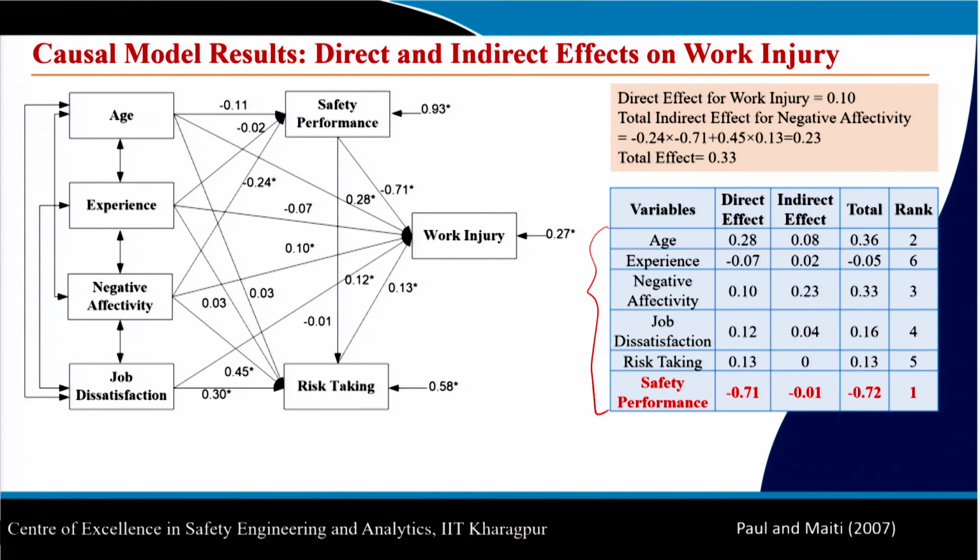If I cannot go for safety related interventions with reference to all the variables, can we find out where we should concentrate first, where second and where third? That can be done through direct and indirect effects or total effects. Path models give you total effect, and from the total effect you can give a rank.